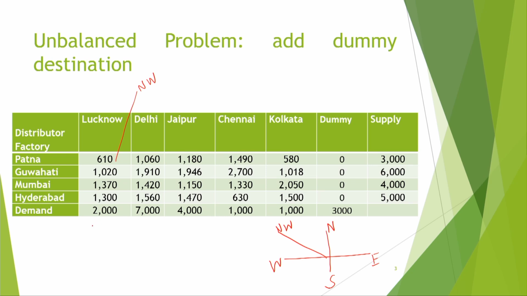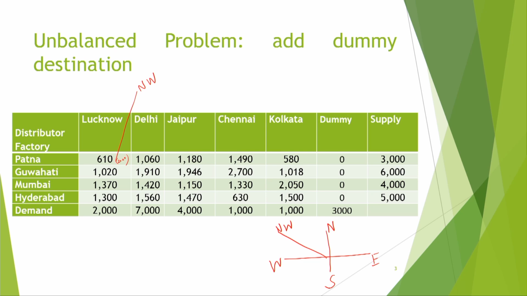So I can put 2,000. Out of the supply and demand, whichever is the minimum, that much I can allocate. To indicate it, I write 2,000 in brackets, so I do not confuse it with the unit cost. 610 is the unit cost and 2,000 is the amount I have allocated here.